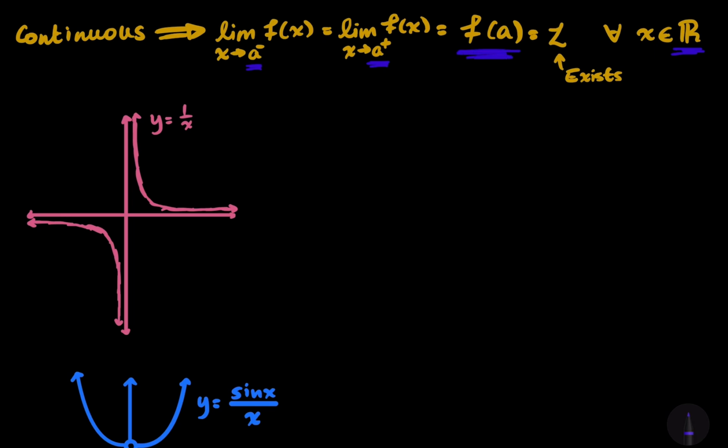And of course it has to exist, so it can't be equal to infinity. If you're assuming that a is not equal to infinity, then this has to be some existing finite value. They have to be equal to each other, and it has to be the function evaluated at a.